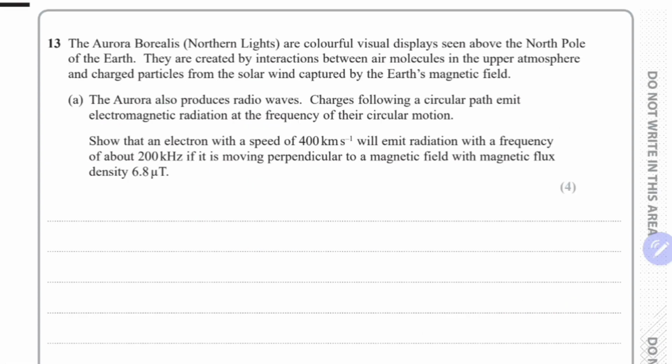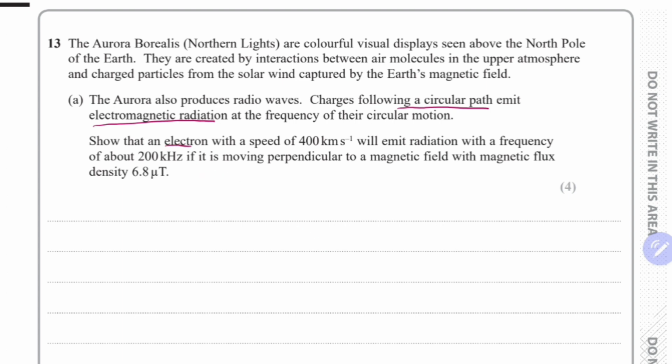Number 13. The aurora borealis, northern lights, are colorful visual displays seen above the North Pole of the Earth. They are created by interaction between air molecules in the upper atmosphere and charged particles from the solar wind captured by the Earth's magnetic field. The aurora also produces radio waves, electrons following a circular path emit electromagnetic radiation at the frequency of their circular motion.